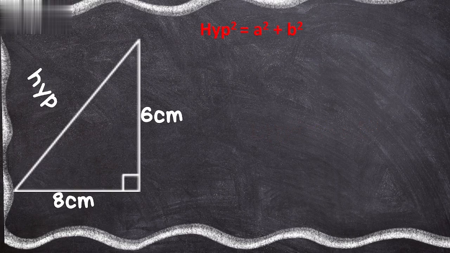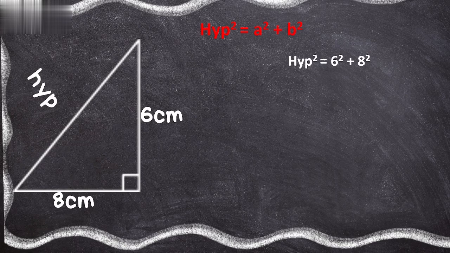For example, we are given this triangle and we are asked to find the hypotenuse. Remember that this is our formula: the hypotenuse square is equal to a square plus b square. Now let's start solving. The first thing we need to do is substitute into the equation. The hypotenuse square isn't given. They gave us our side A to be 6 and our side B to be 8 cm.